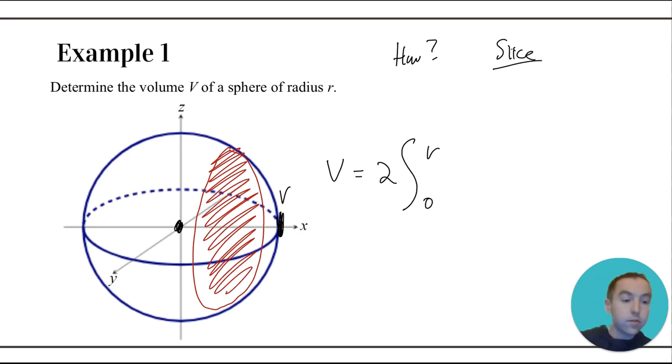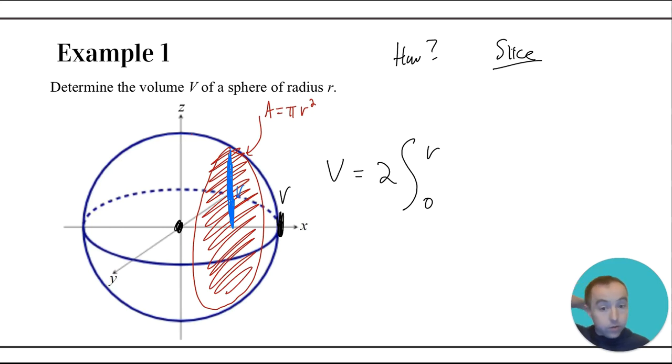It's just a perfect circle, and we know that area is equal to pi times the radius squared, right? What we need to figure out, though, is what the radius of that circular cross-section is, so what this distance is right here.